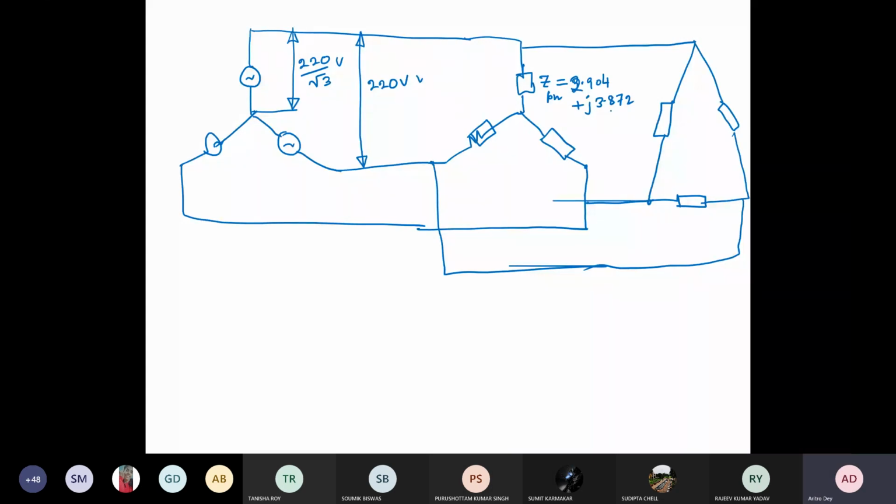Okay, so this is your per phase, you got it, and here it is given, which is 16 ohm plus minus j 12. This is delta connected. So what you have to do is convert this to star so that you can take the parallel of this, because then per phase it will be the same. So you change this delta into star and your connection will be changed like this.